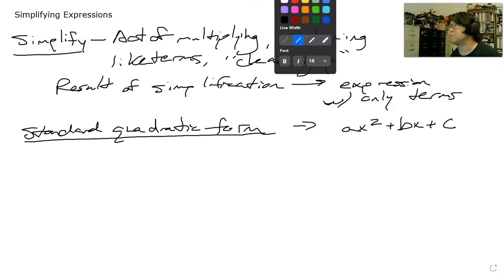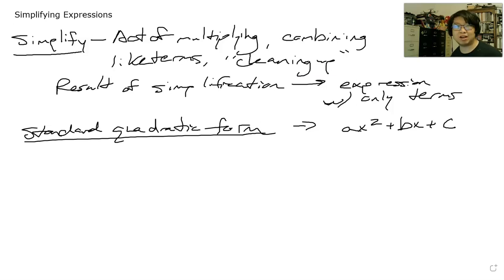Now, to put into practice what I mean by simplified, this is a simplified form. I have one term right here, the x squared term. I have another term right here, my bx, x to the first, and then I have a third term right here. What separates them all is addition, possibly subtraction also, which is the same thing.